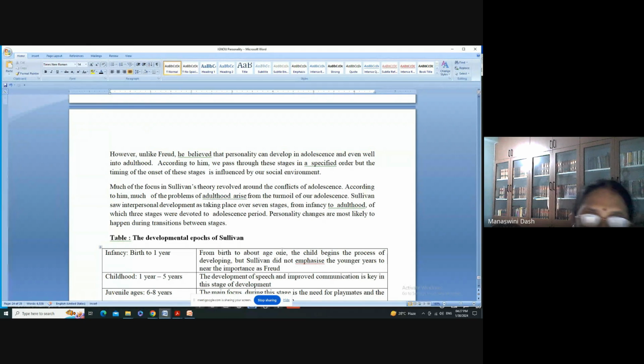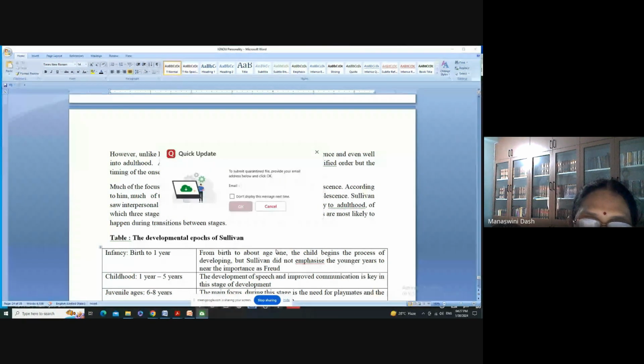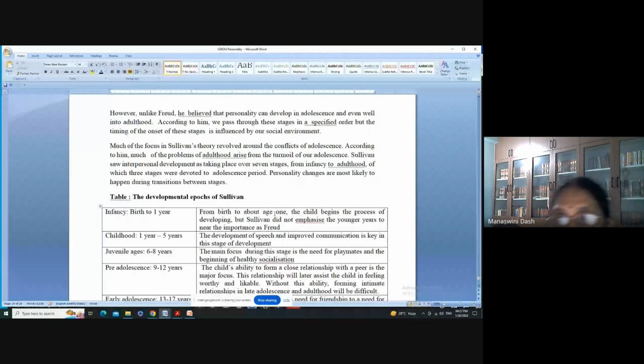So Sullivan's theory of interpersonal development talks of 7 stages of developmental epoch.